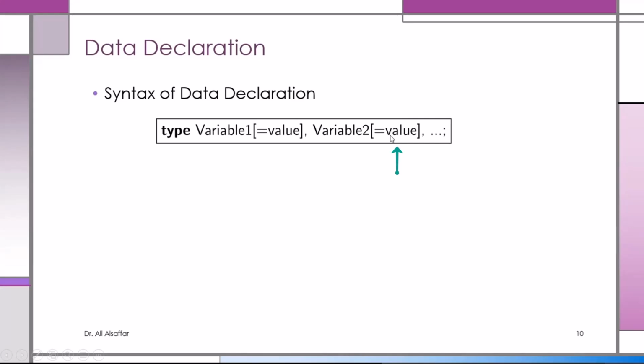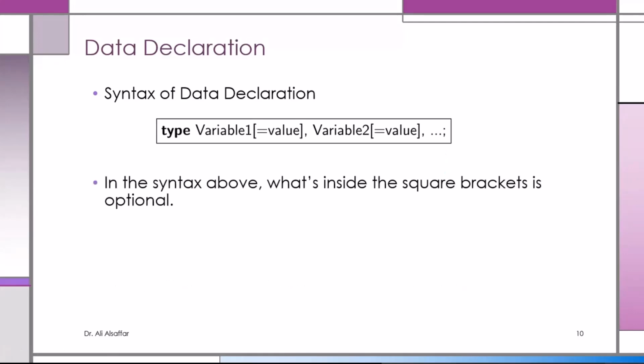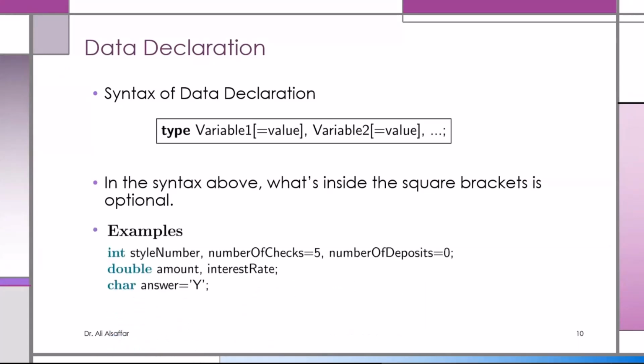At the end, after you define all the variables, you put a semicolon. In the syntax above, what is inside the square brackets is optional, if you know the value, because sometimes we need to take the value from the user and we don't know it at the time of writing the program. So we define it and then ask the user to give us the value.